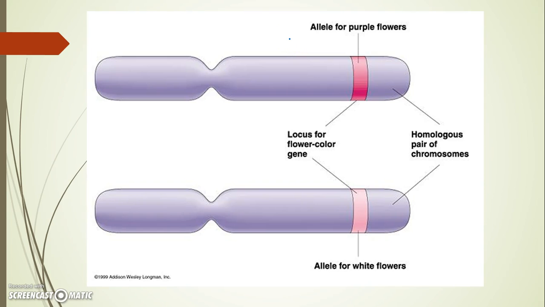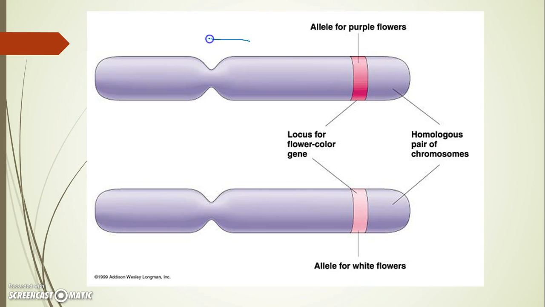This is an example of pea plants, and if you know anything about genetics, you know that pea plants are a big focus, and that's because Gregor Mendel, the father of modern genetics, used pea plants to find all these different traits and why the genes worked the way they did.